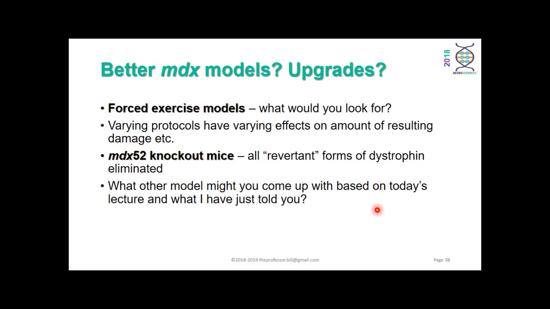Is there anything else that you might come up with as a model system for muscular dystrophy? Anything that you can think of off the top of your head? Any ideas? Yeah. Paul? Could also try knocking out utrophin. Anything else that you could think of, potentially? So if you want to make something look a little bit like muscular dystrophy, what else might you target?